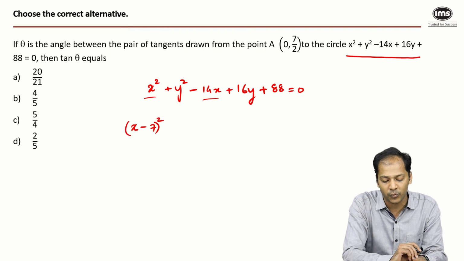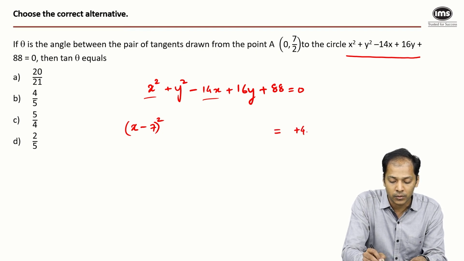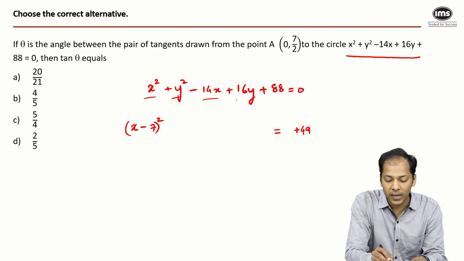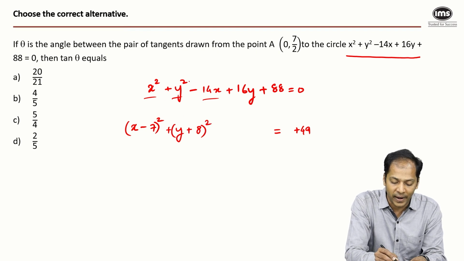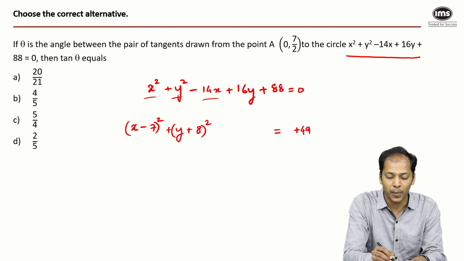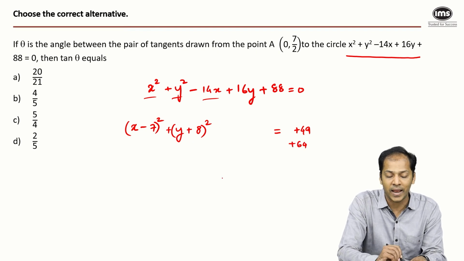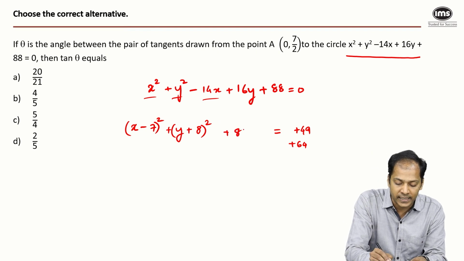For that, I have assumed an addition of 49 here, so on the RHS also I'll add a 49. Similarly, y square plus 16y, I'll take it as y plus 8 the whole square, so that will give me y square plus 16y. But I have unnecessarily added a 64, so I'll have to add a 64 on the RHS as well. And there was also a plus 88.